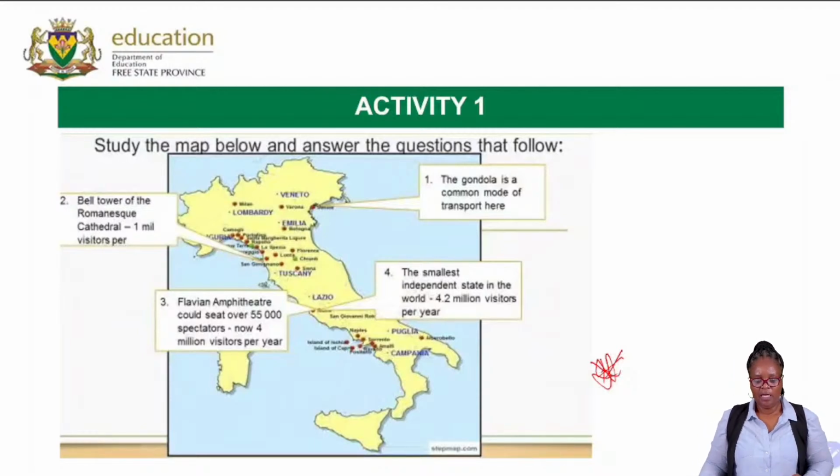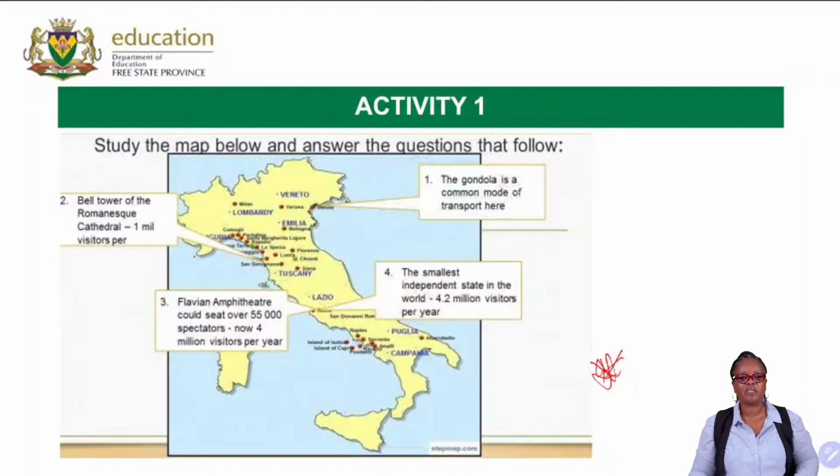Now let's look at scenario number 1. It says here, the gondola is a common mode of transport here. We talked about this. Which attraction uses the gondola as a common mode of transport, from the ones that we have done? You need to know that.